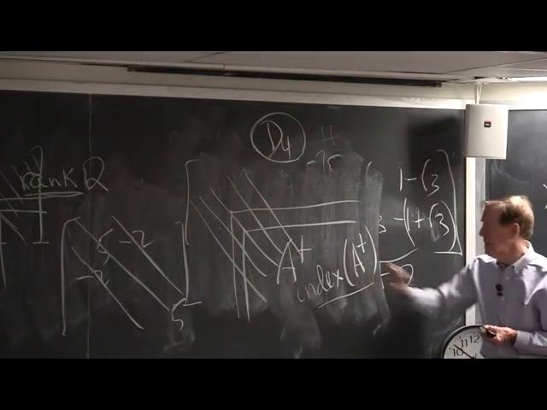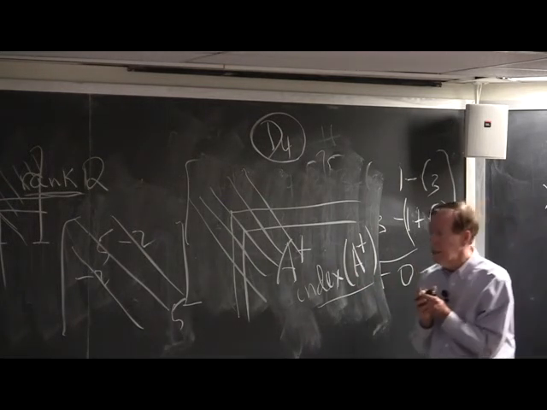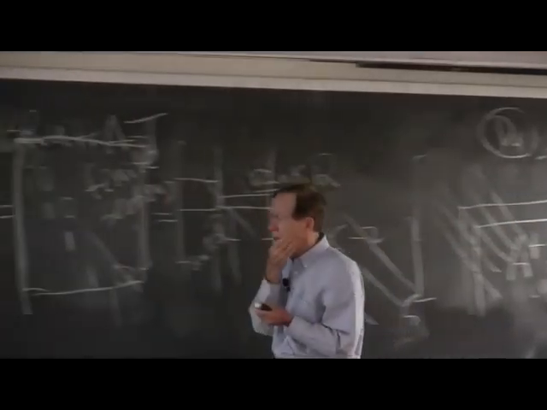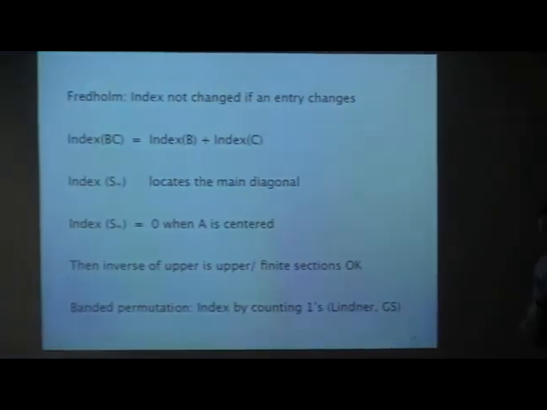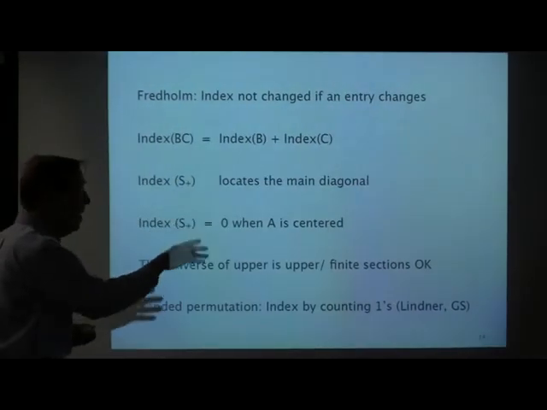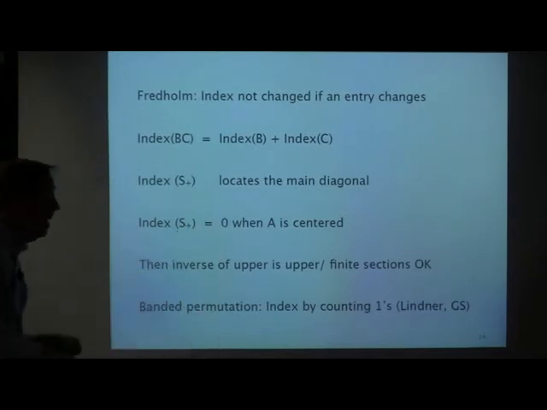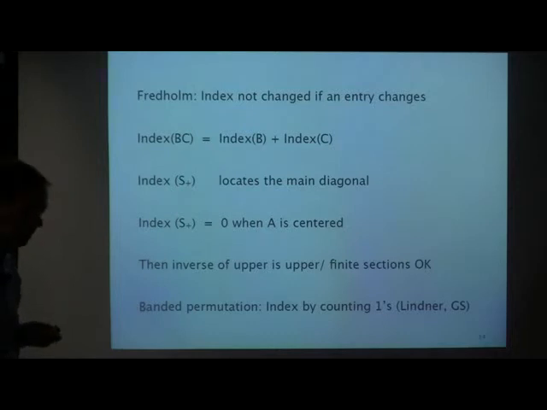So that's the Fredholm analysis that comes in. Okay, so that's the third problem, and the result was that this index is very hard to compute for a general matrix that's doing, God knows what, as you go to infinity.